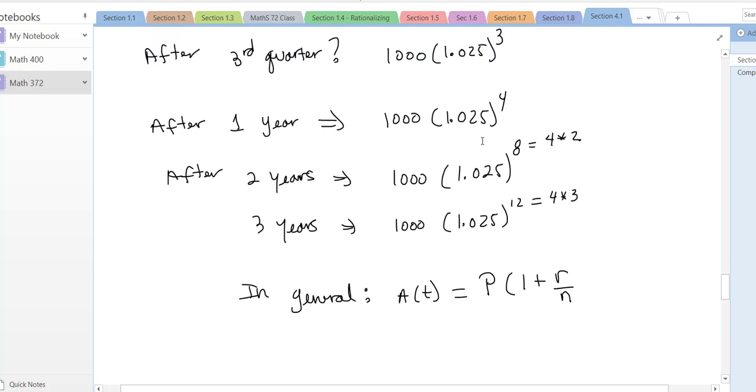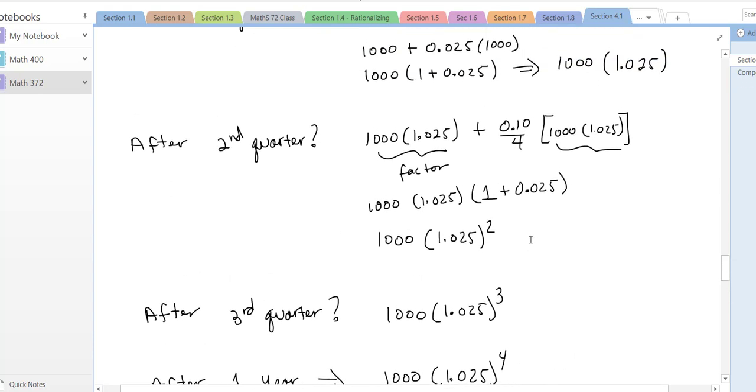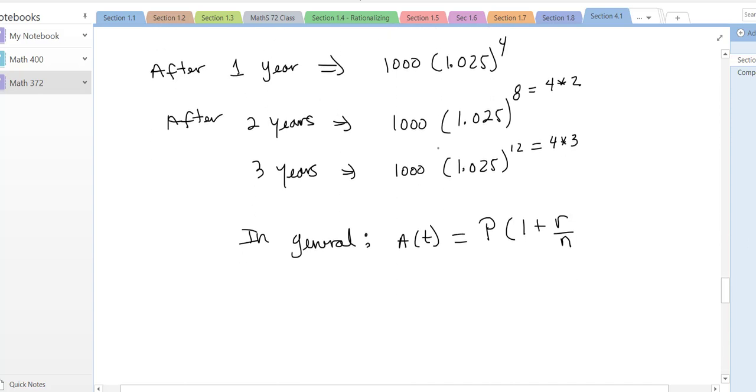I noticed that the 0.025 here came from doing our 10% annual interest divided by 4 because we were compounding quarterly. So if it was semi-annually, we would divide by 2. And then this whole thing raised to the n times the number of years. So nt.